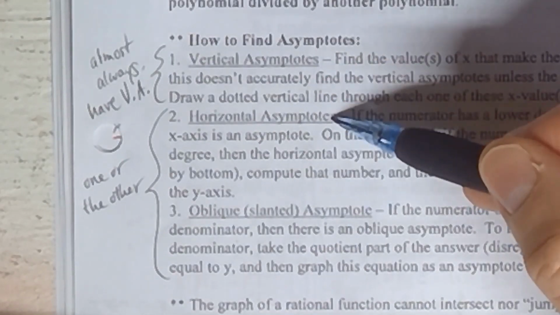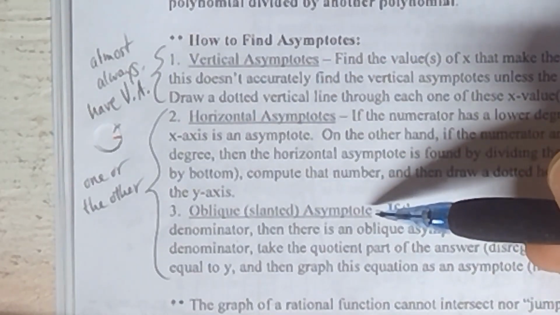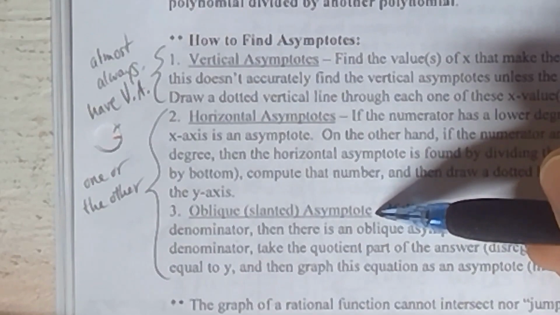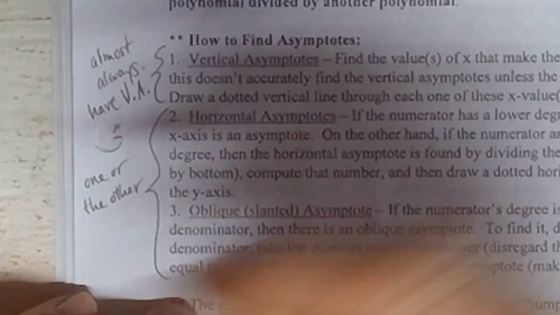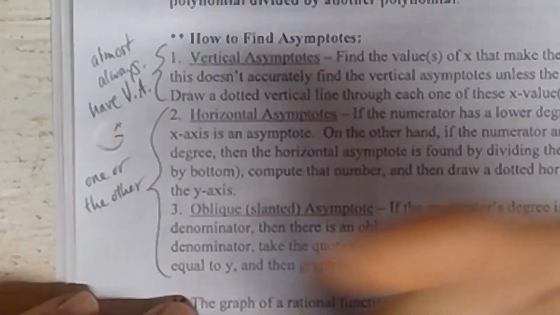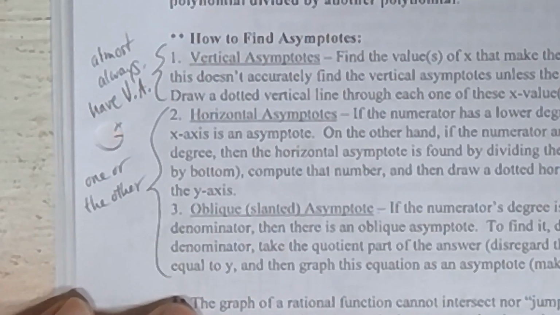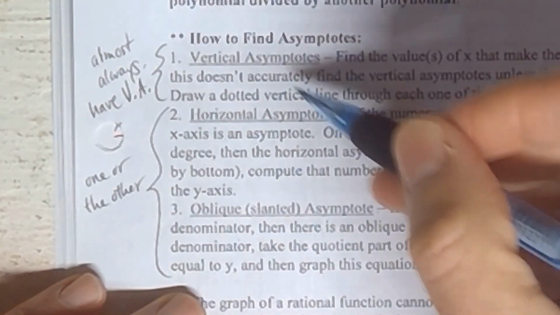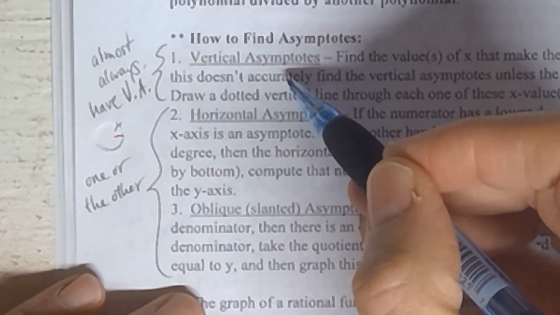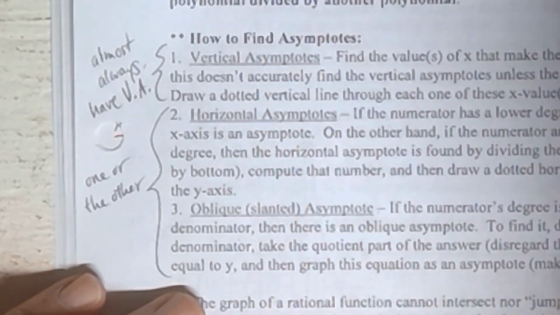You'll either have one horizontal asymptote or you'll have one oblique asymptote, all right? There could be some really, really rare problems where you have more than one of either one of these things, but don't worry about that here, okay? But with vertical asymptotes, you could have more than one, and you will on some problems, okay?